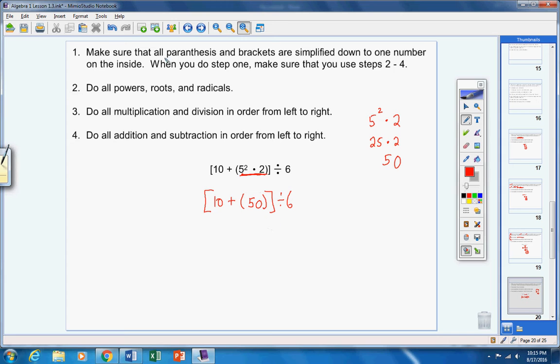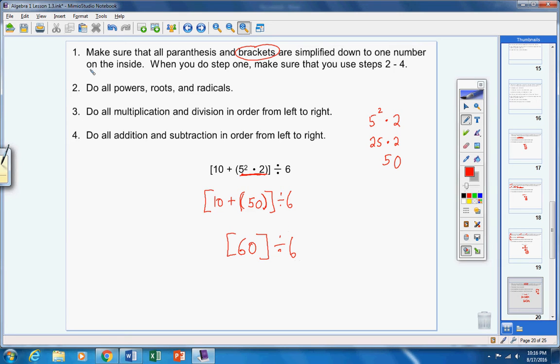So now, make sure all of your parentheses are down to one number. Well, this parentheses has one number on the inside, but look at my bracket. My bracket still has 2 numbers, so let's simplify that, okay? 10 plus 50. 60. Bring down your divided by 6.